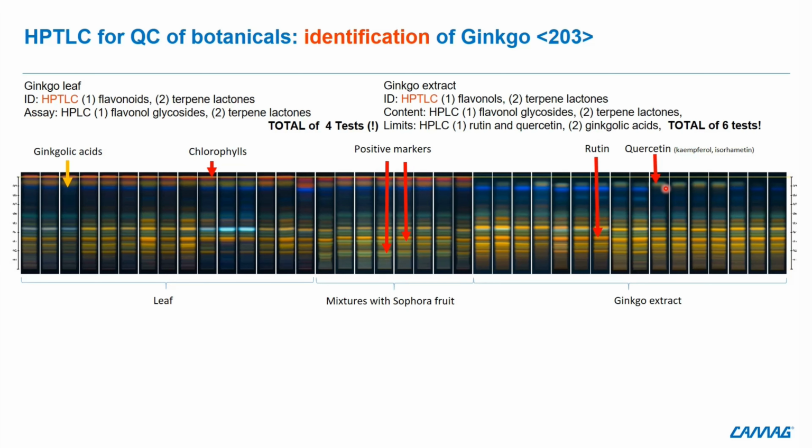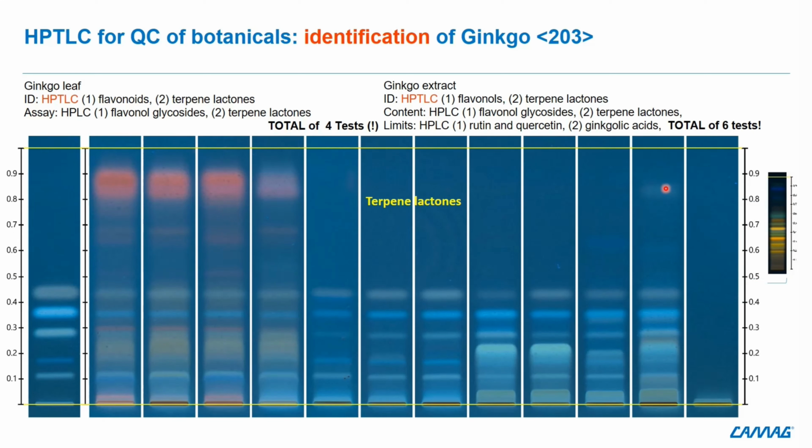The total flavonoid content will not distinguish between individual flavonoids, but the fingerprint will show if an economically driven adulteration with other flavonoids has occurred. And the fingerprint of terpene lactones looks like these, but we will not discuss this further during this webinar.